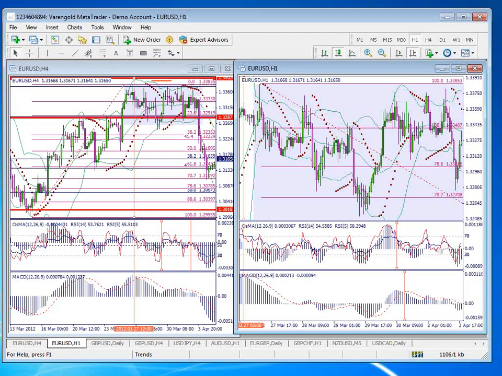Okay, I have some questions. How to identify the start of the first wave? Actually, the first wave is very difficult to identify, and most traders don't identify the first wave. And also, it's very difficult to anticipate how big it will be.